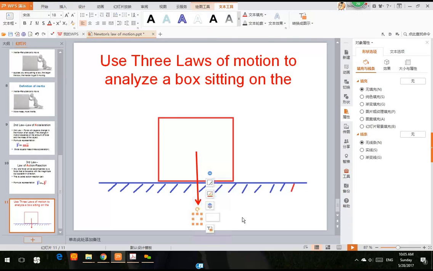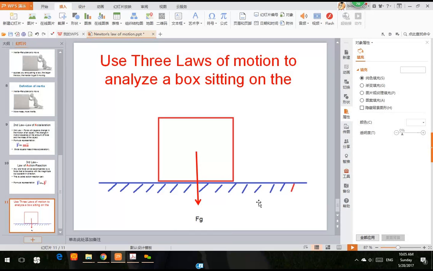Let me add this on here. Then what does the ground do to the box? It is supporting it, right?